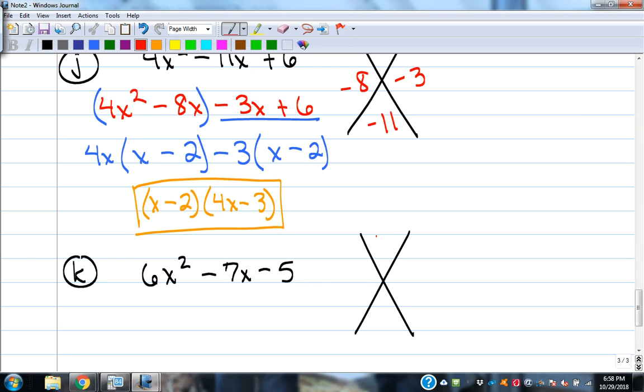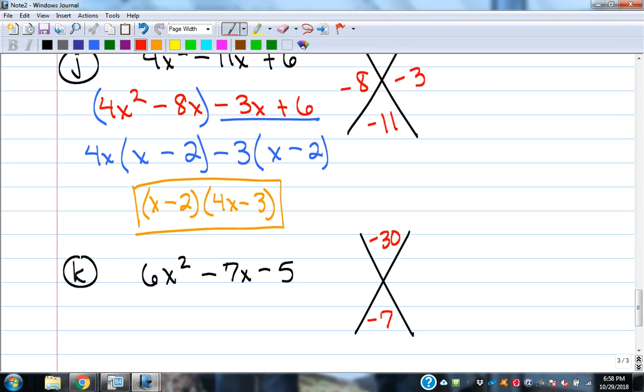So it should be negative 30. And then on the bottom, negative 7. All right, so this one's a little different because you got a negative up top and a negative on the bottom. So we know that to multiply to be a negative, you got to have a positive and a negative.